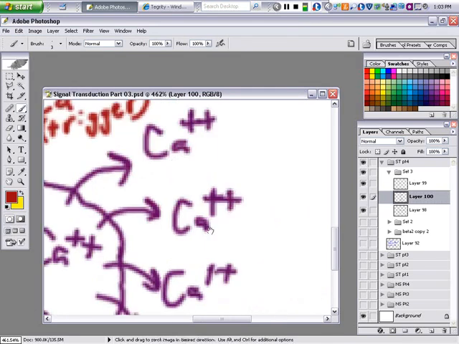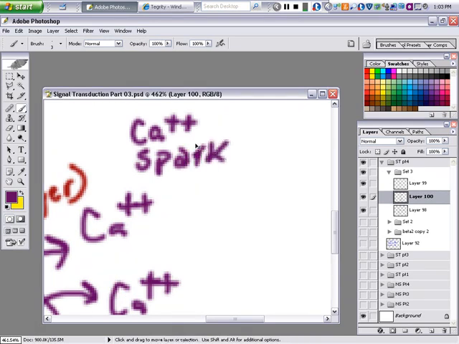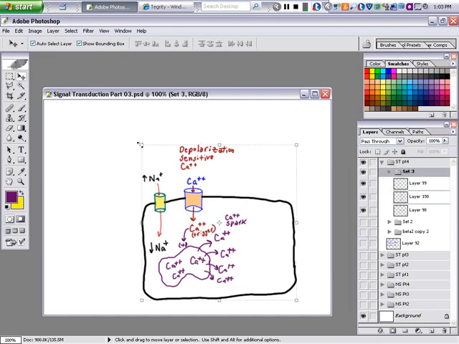And we call the calcium that comes out of those little chambers the calcium spark. Make this a little bigger here.